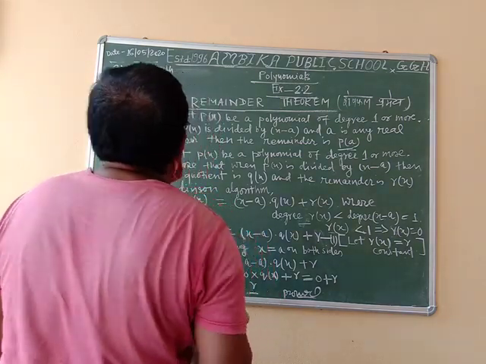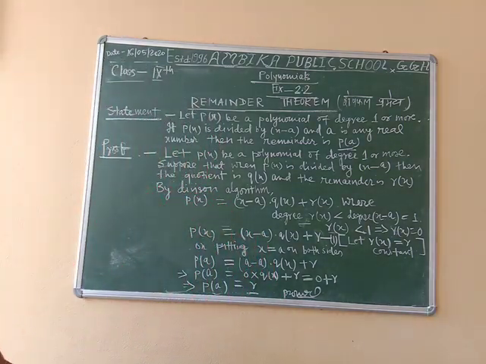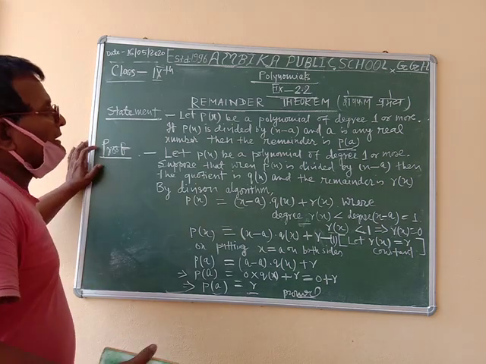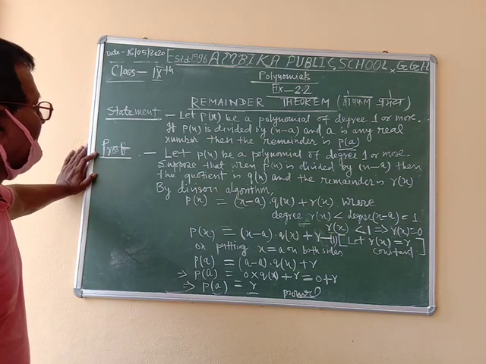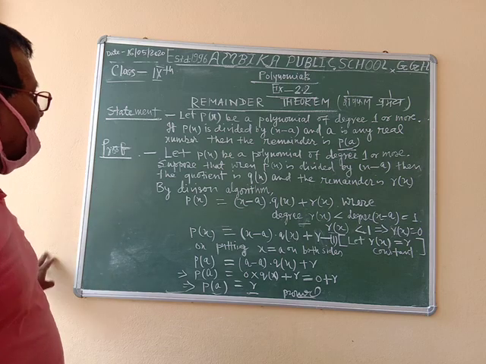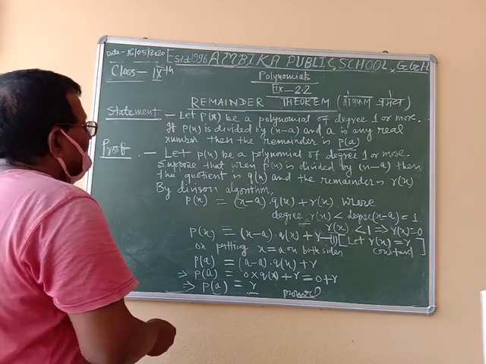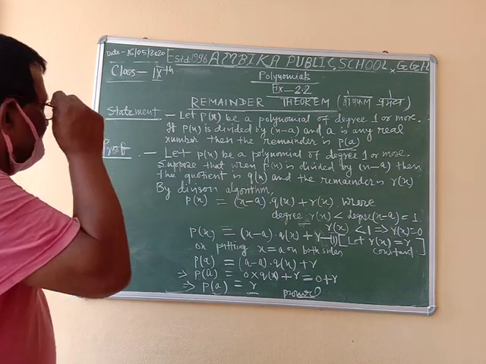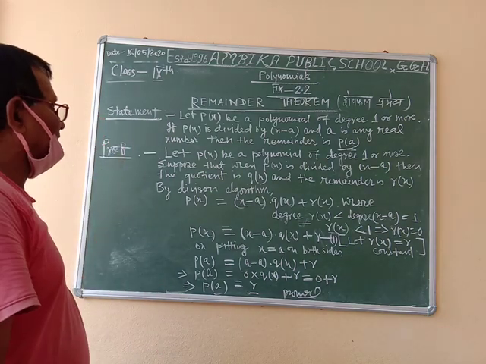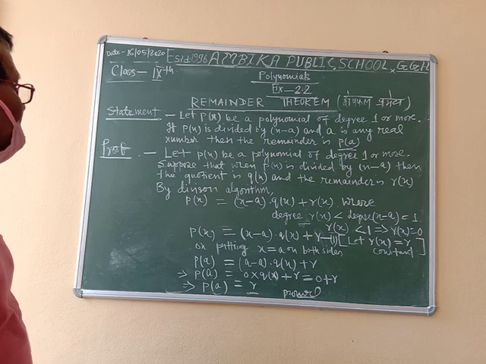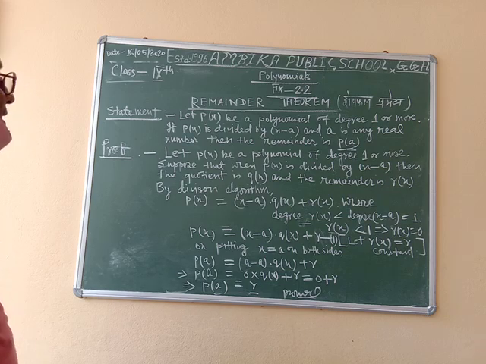Using this formula, remainder theorem, you can divide any p(x) by division, and you know that if p(x) is divided by x minus a and a is any real number, then the remainder is p(a).